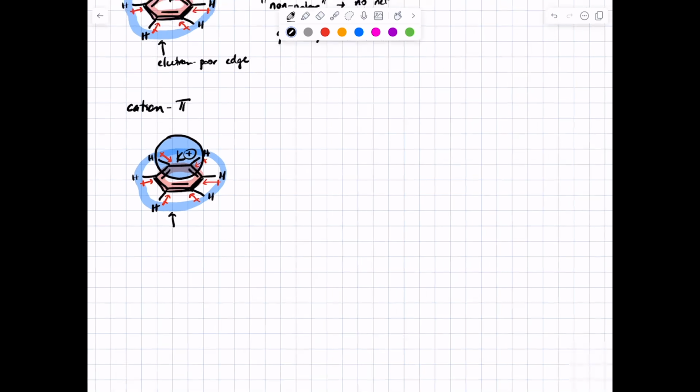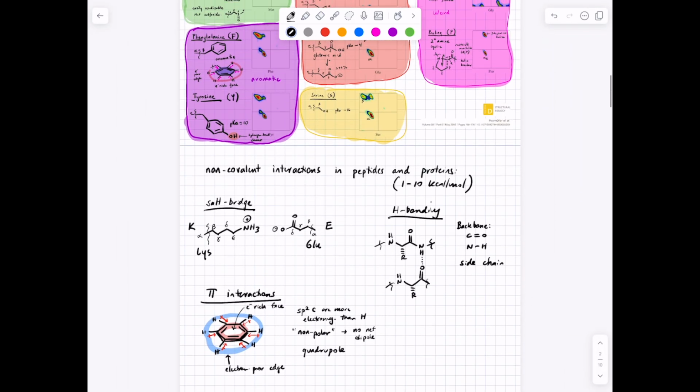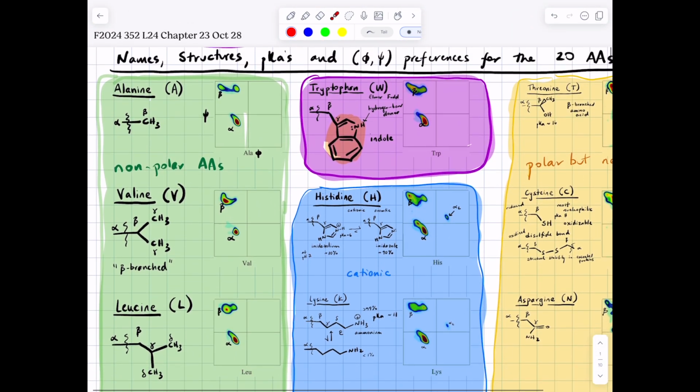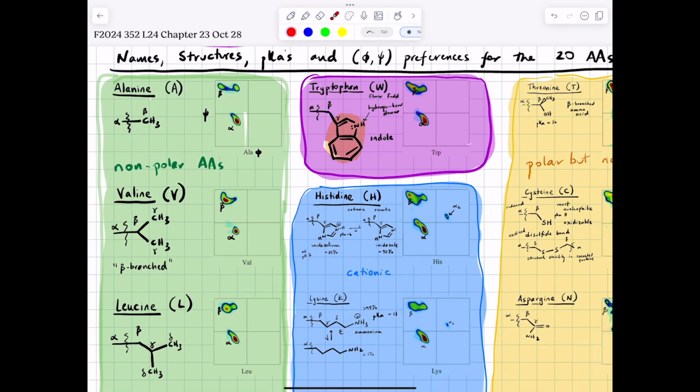So you have to be a little careful if you're just going to look at a benzene ring like phenylalanine or tyrosine or tryptophan and basically say, okay, that's nonpolar. Because it is, mostly, but it's capable of interacting with cations because the face of those aromatic rings is electron rich.